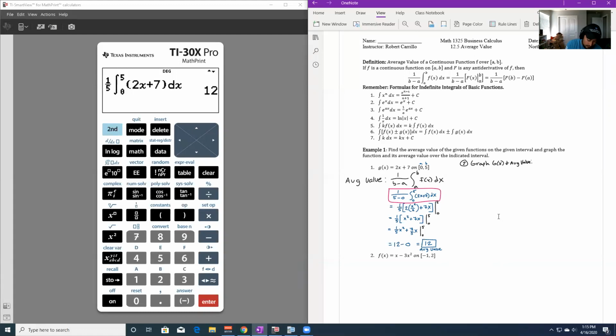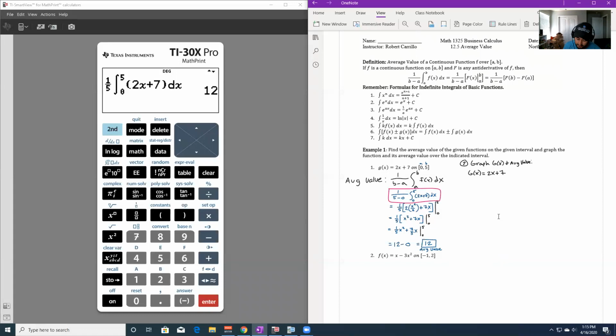Okay, so we're going to graph g of x, and g of x is given as 2x plus 7. Well, what's easy about this is that it's giving us the x values to choose, because the interval it's giving us is 0 to 5. So g of x equals 2x plus 7.